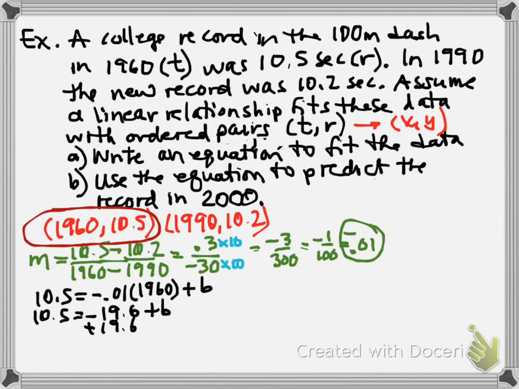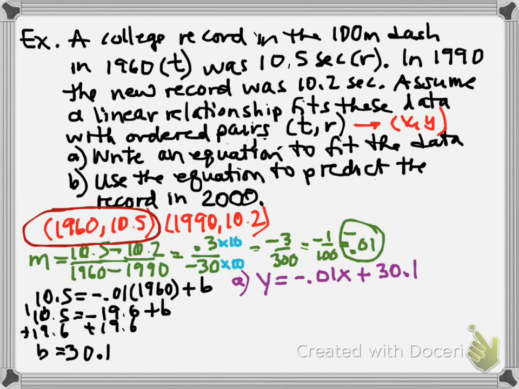I get b equals 30.1. So now I put that together, and my new equation is going to be y equals negative 0.01x plus 30.1. This is your answer to A.